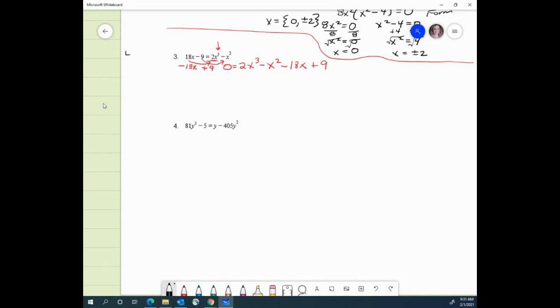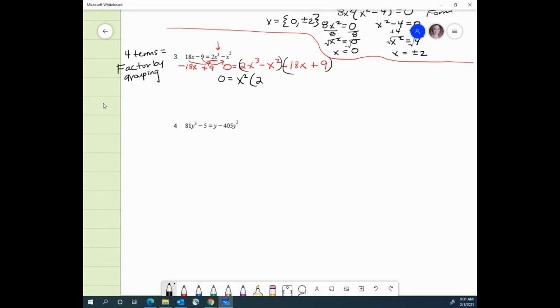All right, 4 terms. That means factor by grouping. So we group the first 2 together and the last 2 together. So out of the first group, I'm going to factor out an x squared.